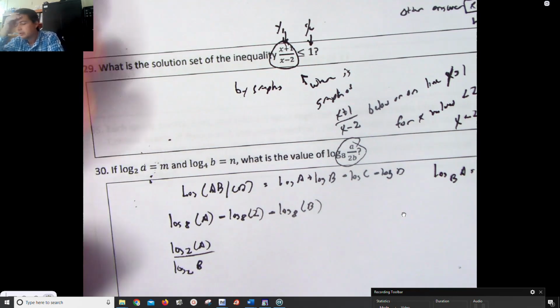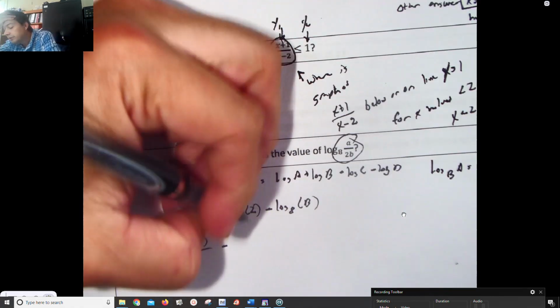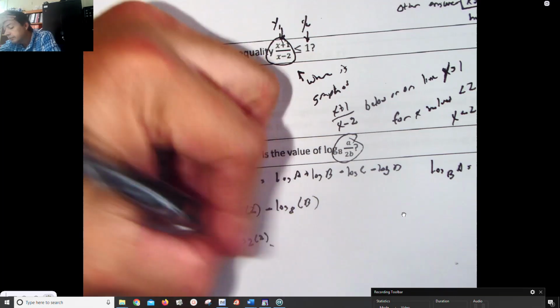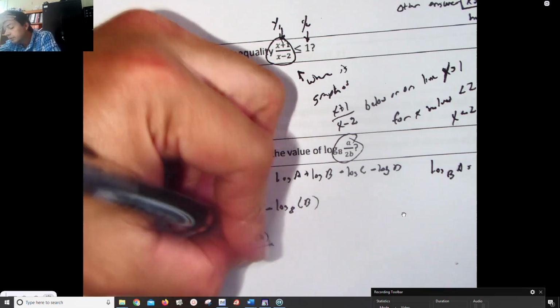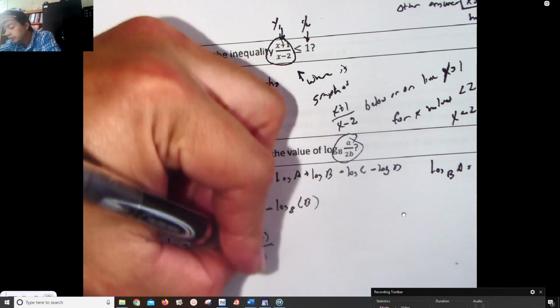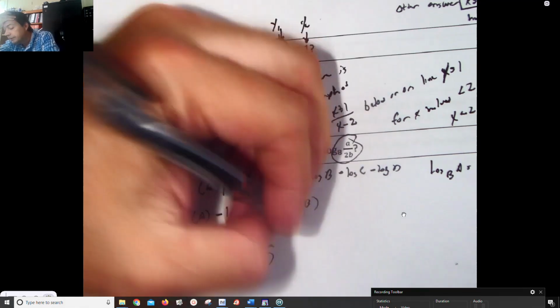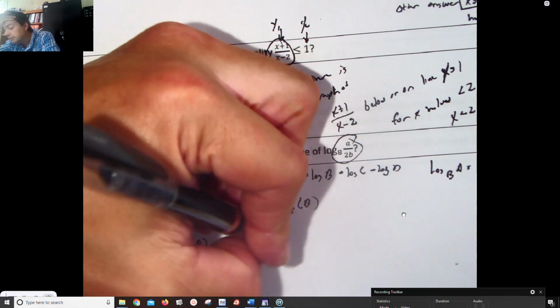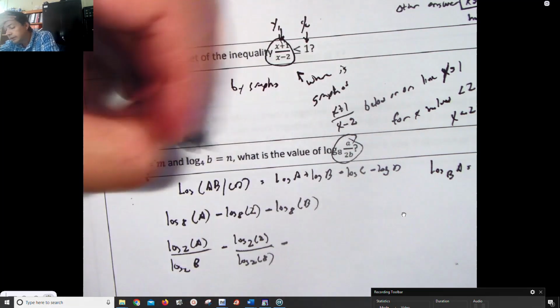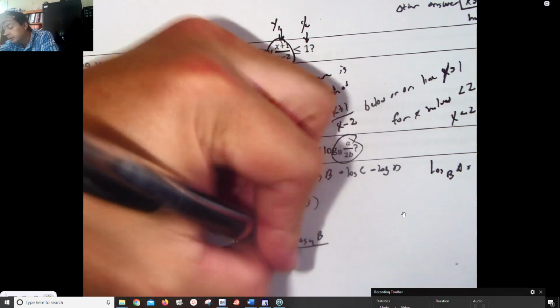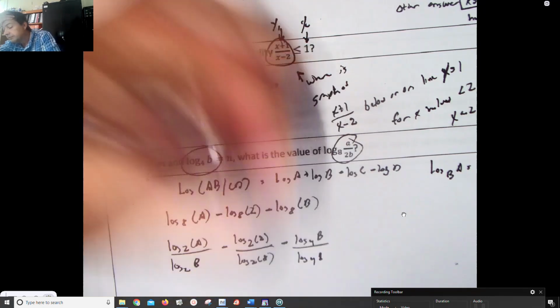That's a big deal, actually. I can rewrite this one as log base 2 of 2 over log base 2 of 8. Although this one could have been evaluated. This says what power of 8 creates 2. It's 1/3. Minus, what do I have here? Log base 4 of b over log base 4 of 8.